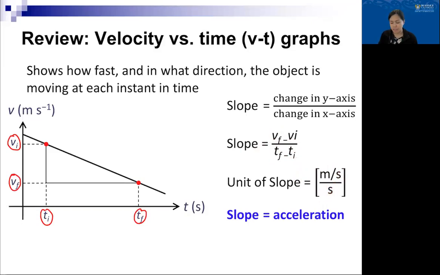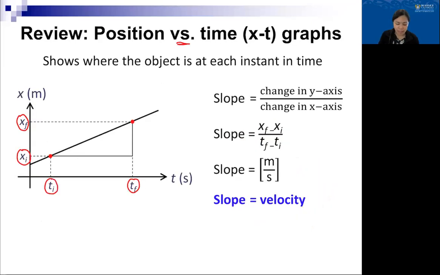And therefore, the slope is equal to acceleration. So you have to be aware, look at what the y-axis is giving you. If the y-axis is velocity, then the slope will be acceleration. If the y-axis is position, then the slope will be velocity. All right.